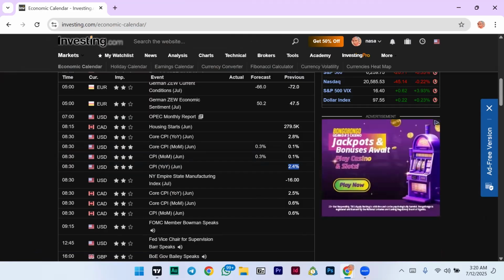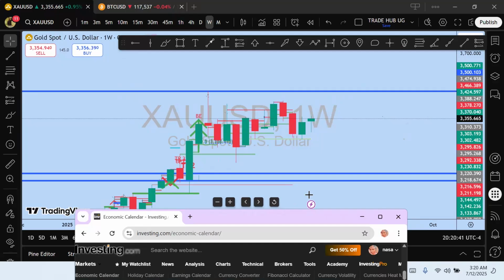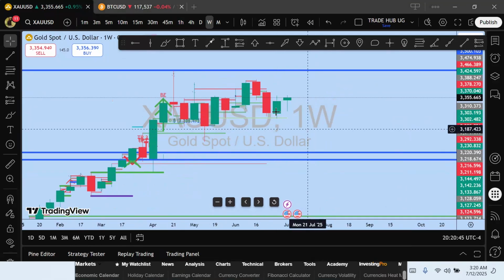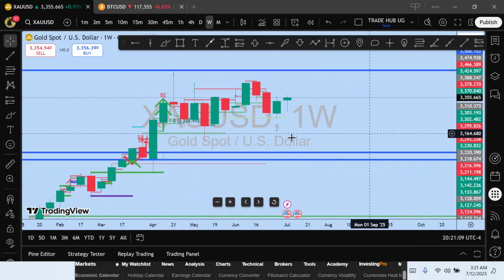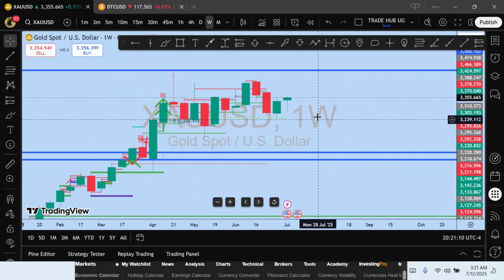If this expectation is true and CPI is high, it will push our gold prices to lower levels. Because remember, if the DXY is stronger, it pushes gold down, and we might see a dip, or the DXY capping gold, up to below 3,300 levels.